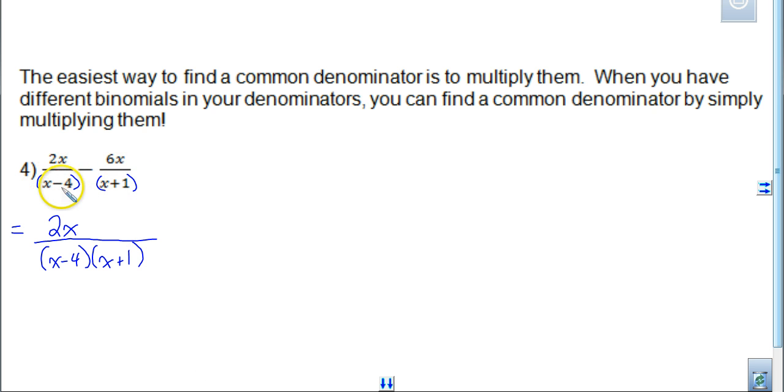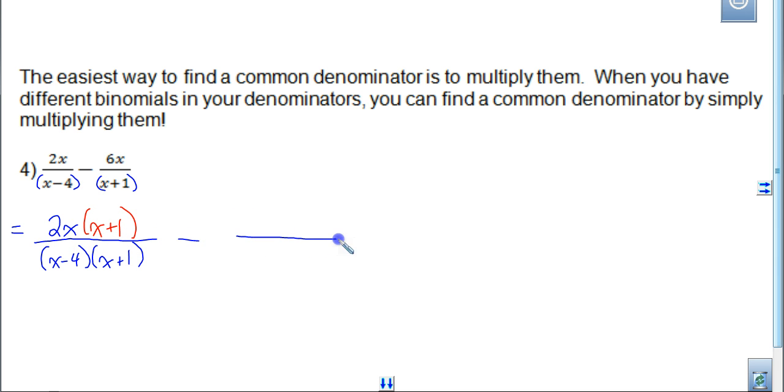This means that the denominator was multiplied by x plus 1, so the numerator must also be multiplied by x plus 1. A good way to look at this is if we were to simplify this, x plus 1 and x plus 1 would divide out, and we'd be left with 2x over x minus 4. That's one way that you can tell that you've done your common denominator properly.